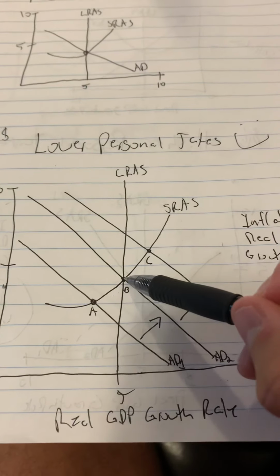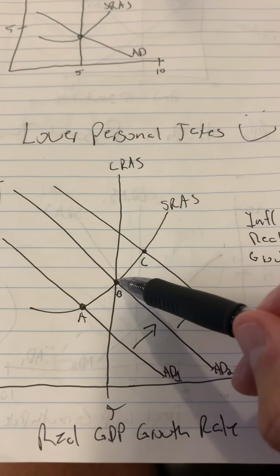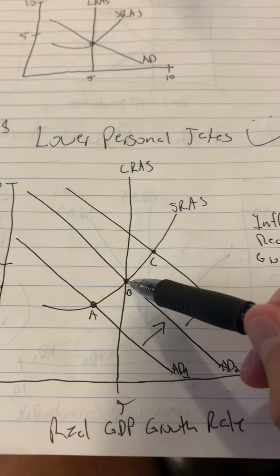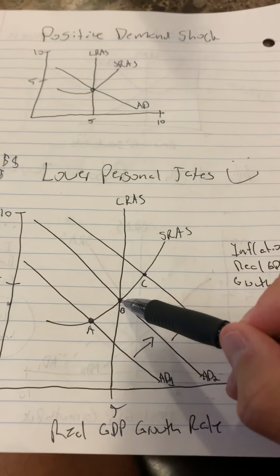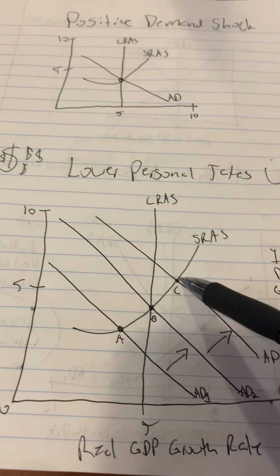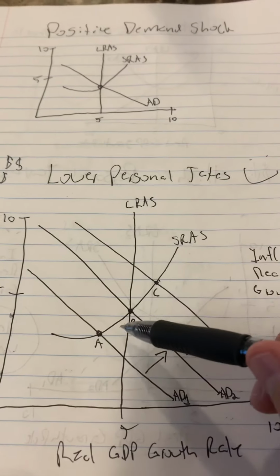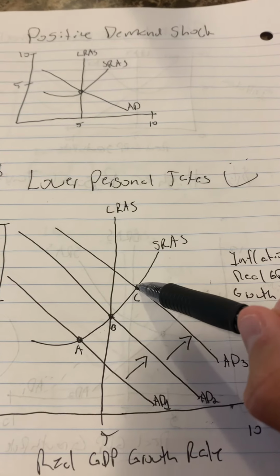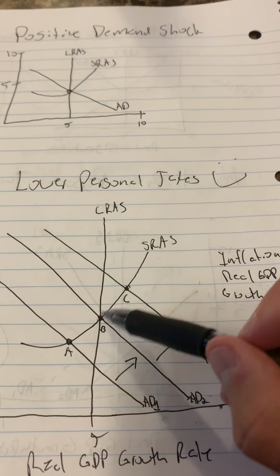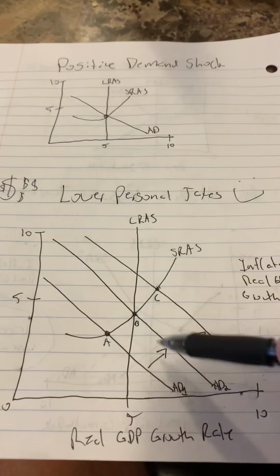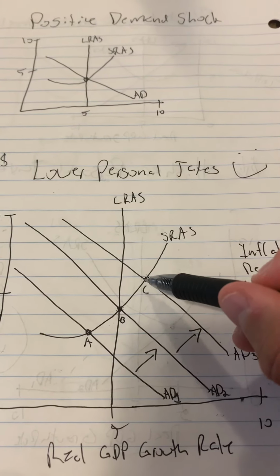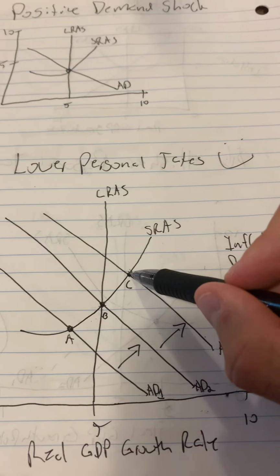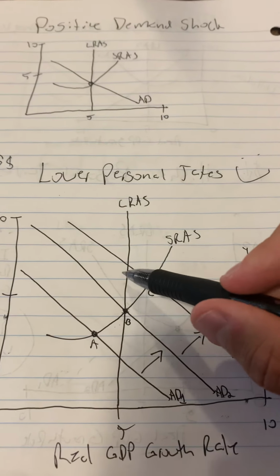But if you overstimulate the economy, say we're already in equilibrium in a regular time, and the government overstimulates the economy because of lower personal taxes, then we're going to come out here on the aggregate demand curve, and the same thing is going to happen. You're going to have higher inflation and a higher real GDP growth rate. The short run is going to be great, but eventually you can't sustain that forever, and so it's going to drop back down.